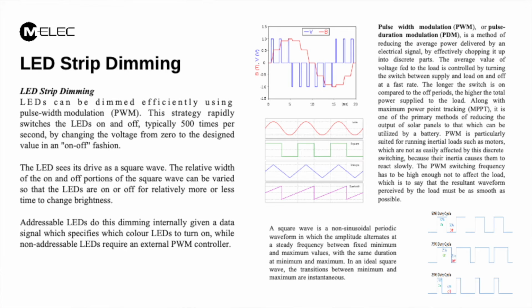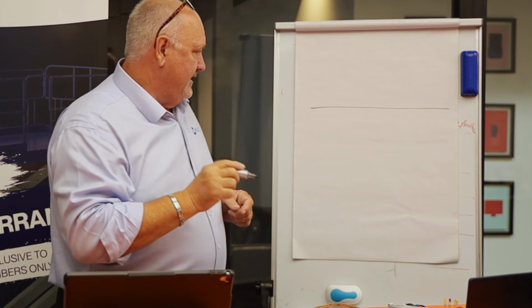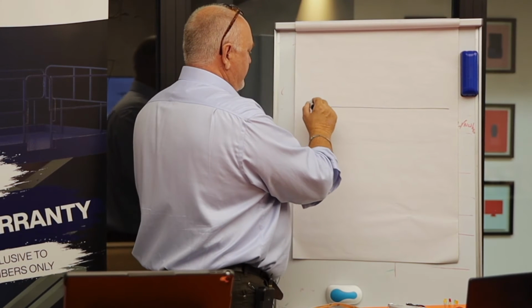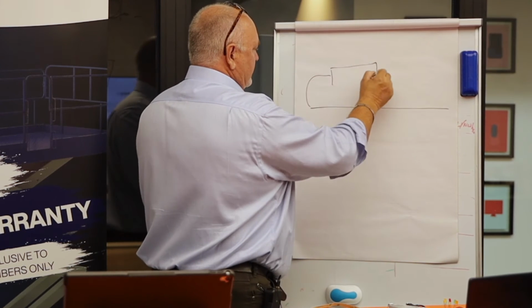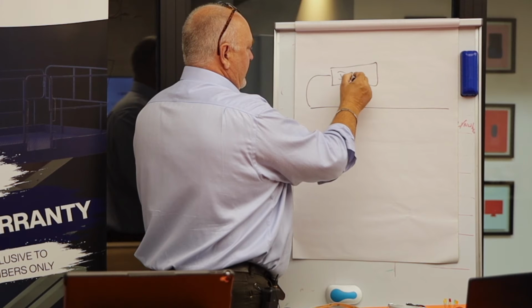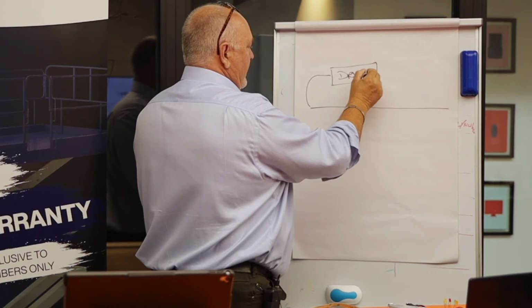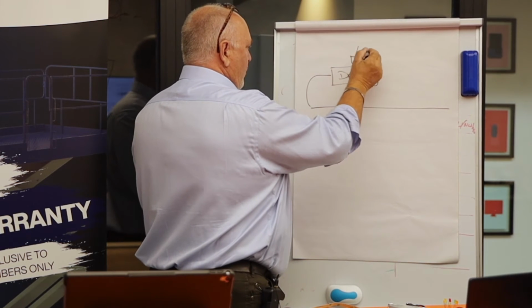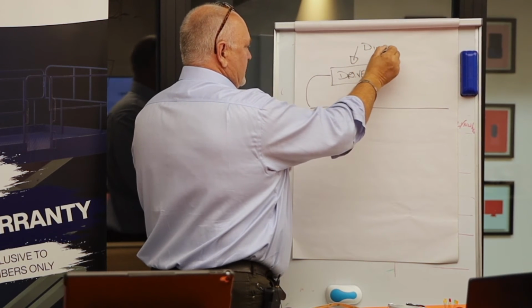The one that you will come across, and just very briefly, is when we look at our driver. So it's not the LED strip that we're actually dimming. If that's our LED strip, we've got our cables coming off to our driver. That's what dims. That's what controls the dimming.